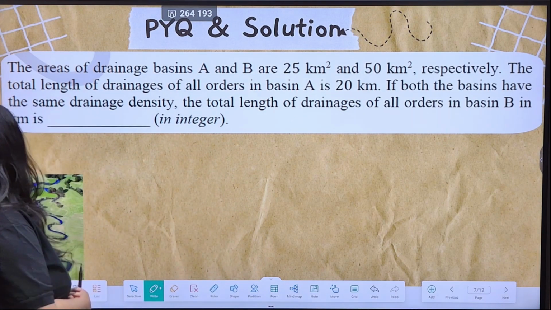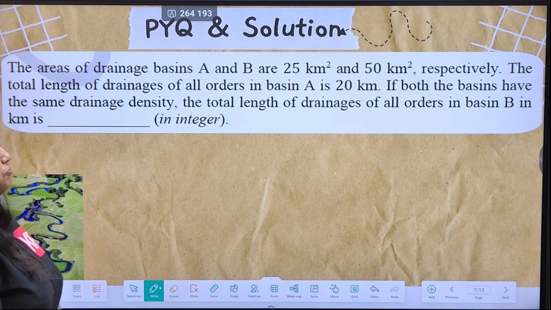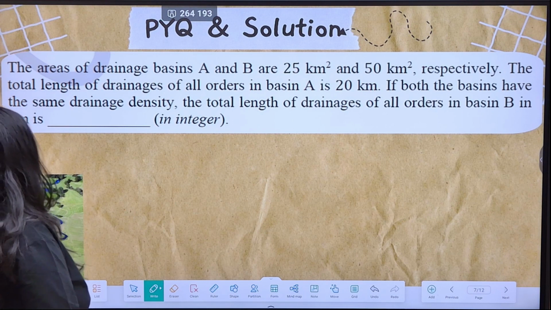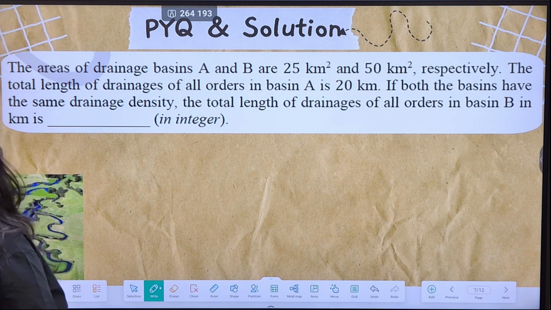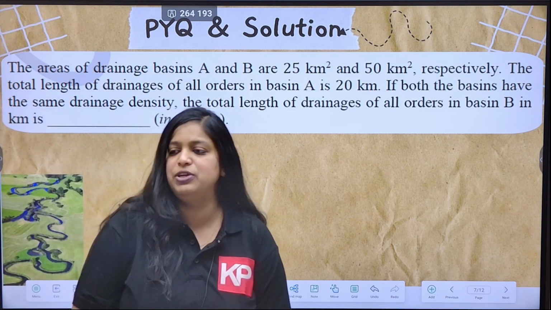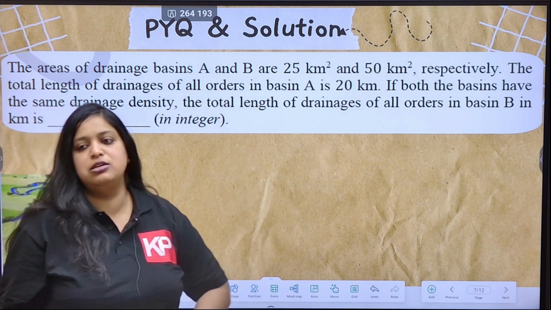The first question: the areas of drainage basins A and B are 25 km square and 50 km square respectively. The total length of drainages of all orders in basin A is 20 km. If both the basins have the same drainage density, the total length of drainages of all orders in basin B in kilometers is dash. This is from the 2024 GATE exam paper.